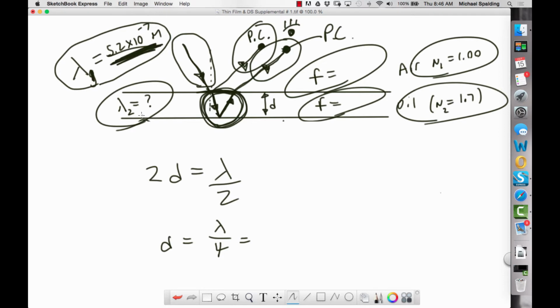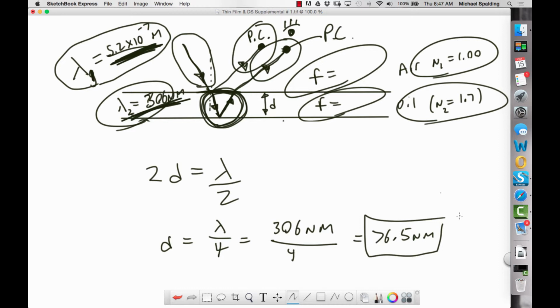We don't want that one. We want the wavelength that was in the oil. It was, let's just go in nanometers, 306 nanometers. That was the wavelength in here, 306. And then divide by 4, and that gives us 76.5 nanometers.